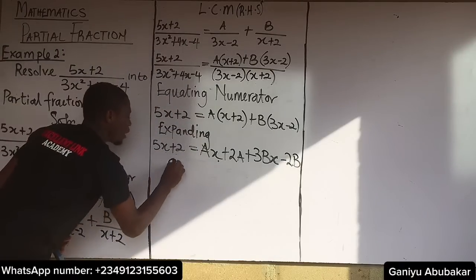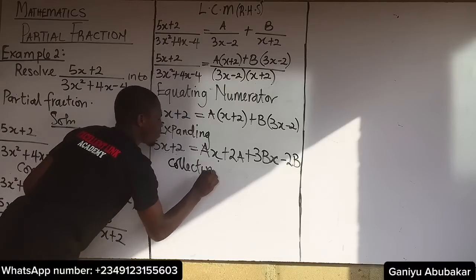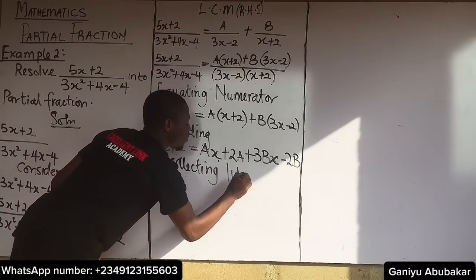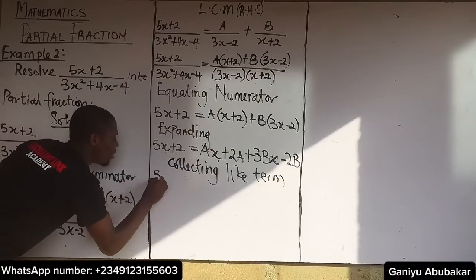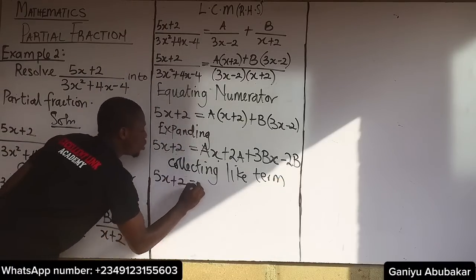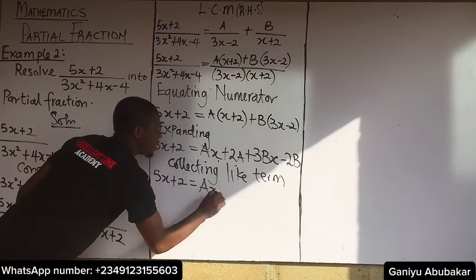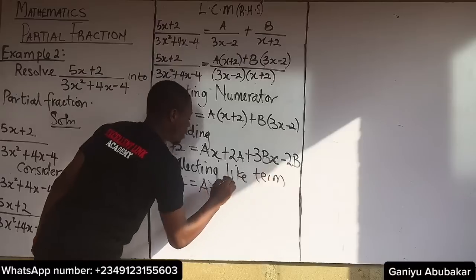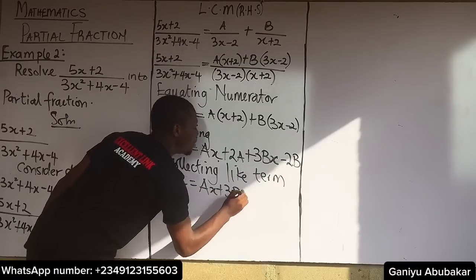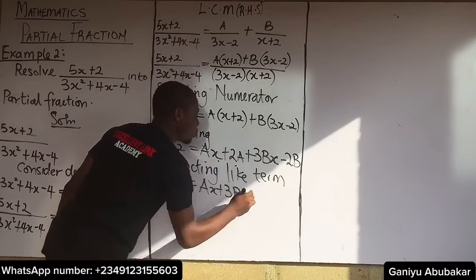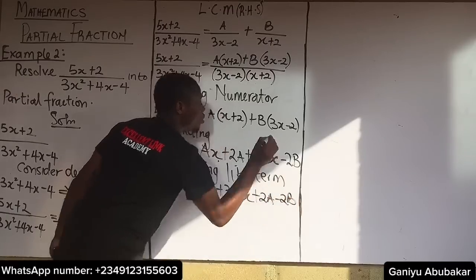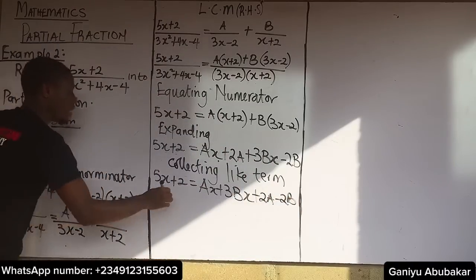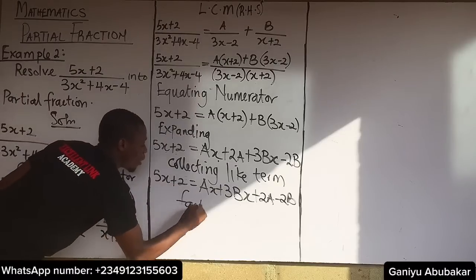So, collecting like terms, that means I'll have 5x plus 2 to be equal to ax, plus 3bx. I'm done with that. I'm having plus 2a, next up, minus 2b. At this point, my next task now is what? Factorize.